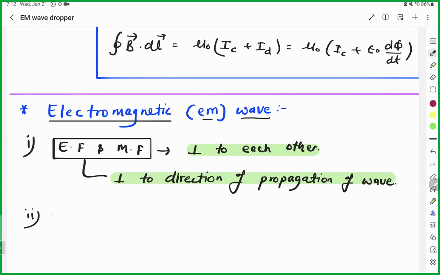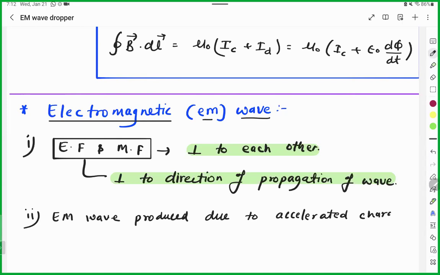Right? So this is extremely important. I have seen this question. This EM wave is produced due to accelerated charge, not static or constant velocity charge. Extremely important. That's why I'm using a different color. Perpendicular to each other, perpendicular to the propagation is also important.